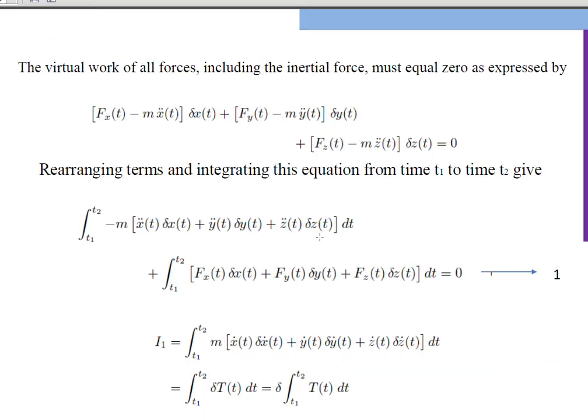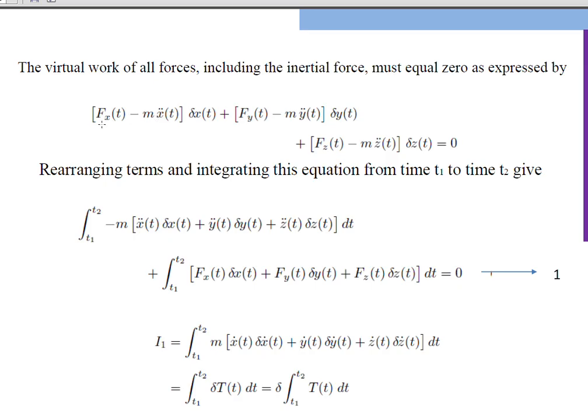Here t indicates the time varying force. The force is not a fixed constant; it varies with respect to time. And with respect to time, the acceleration of the body and the inertial force also change.